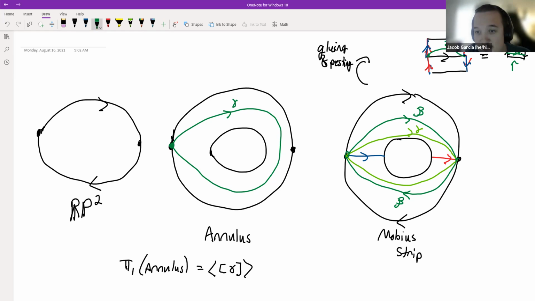And then another copy of beta goes from the right point to the left point, because I'm just doing this single beta twice. One of these betas goes from here to here, and then the second copy of beta I'm drawing from here to here.